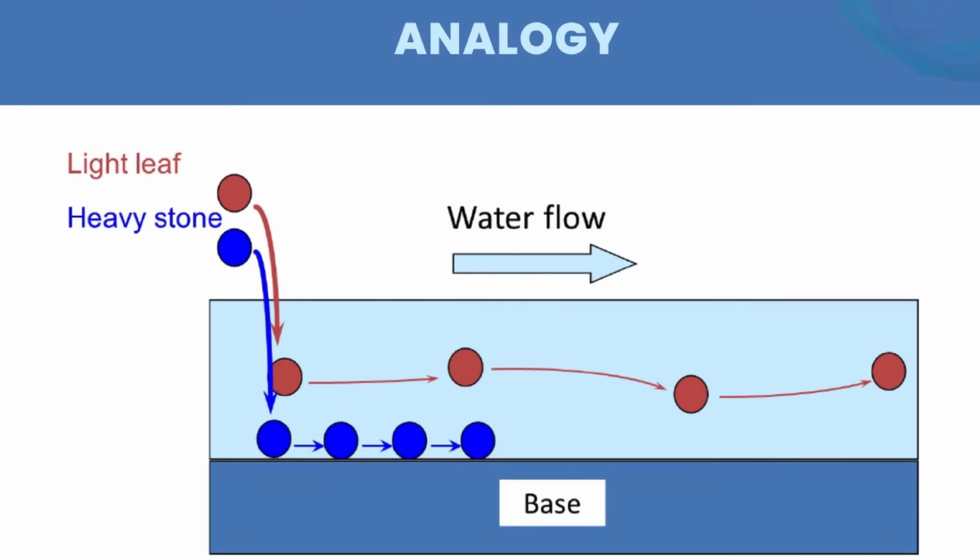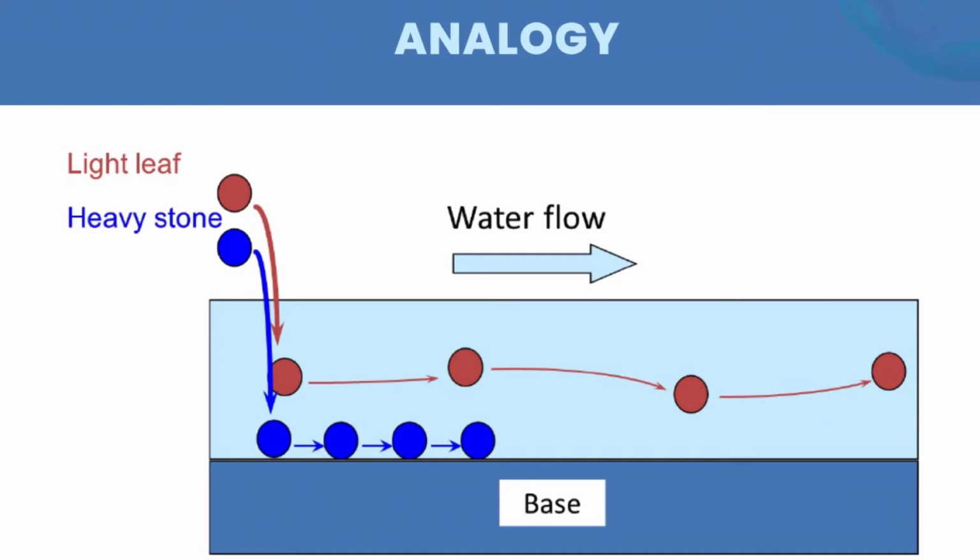So how does chromatography separate things? This can be explained by a simple analogy. Consider a stream in which water is moving from this side to this side. We have a mixture of things in which there are light leaves and heavy stones. As we pour things in this moving stream, the heavy stones will go to the base, whereas the light leaves will move with the water.